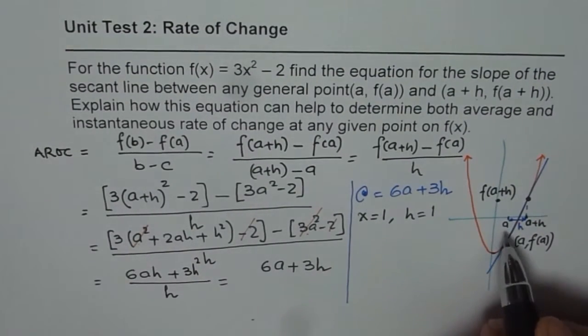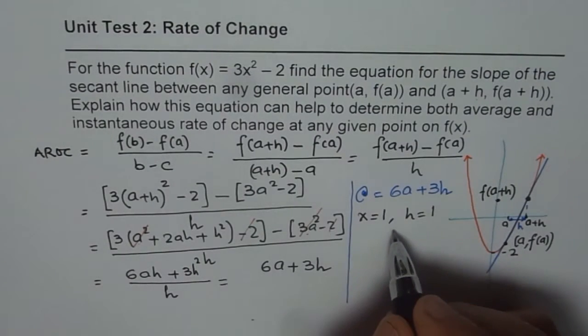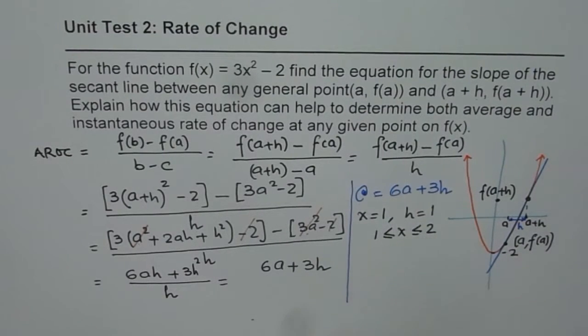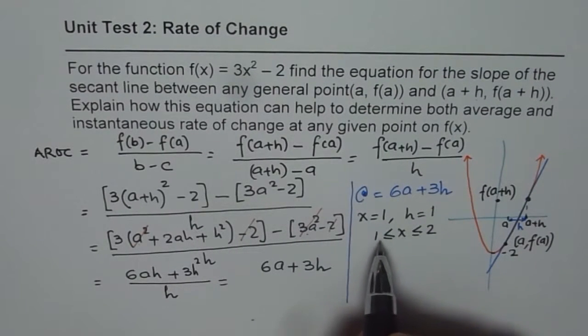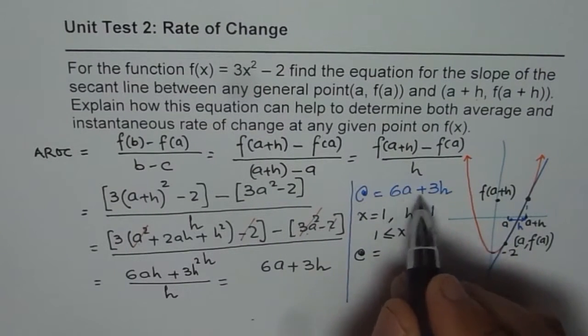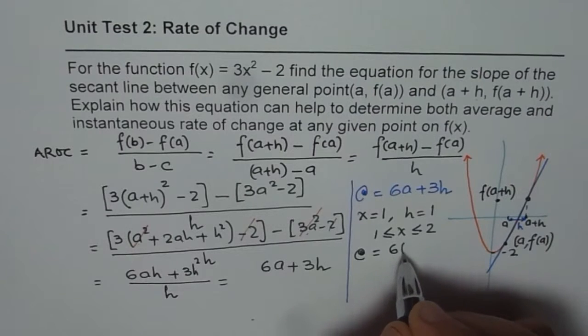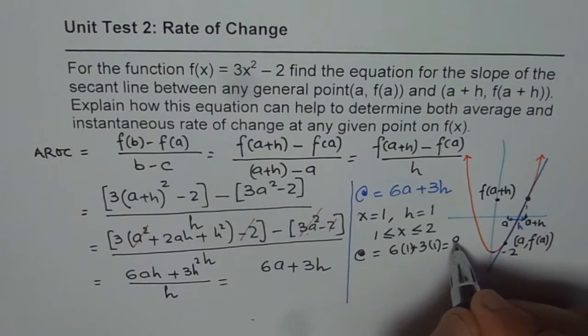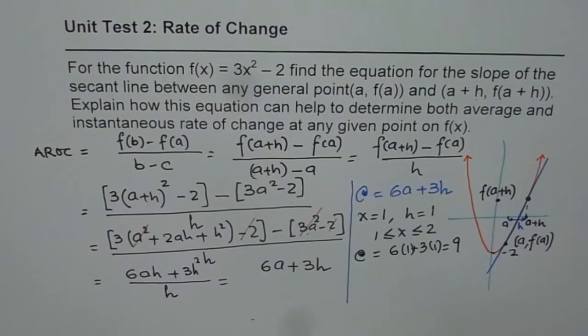That means our interval is from 1 to 2. Do you see that? In that case, if I substitute 1 for both, I get 6 times 1 plus 3 times 1, which is 9. So that is the average rate of change.